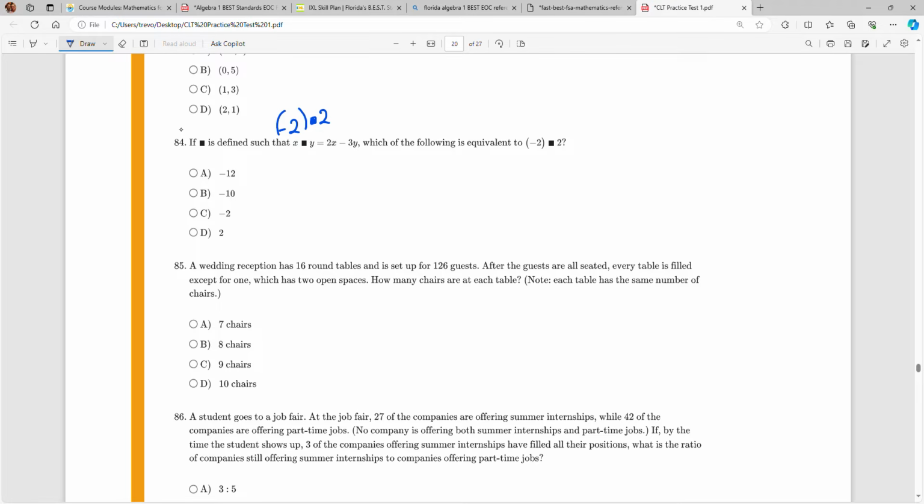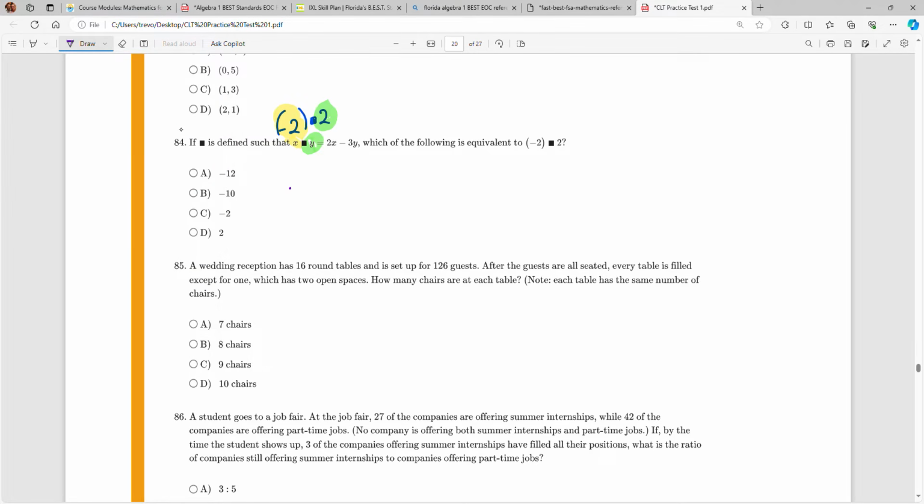So what we're going to do here is just plug in where there's an x, we're going to plug in this negative 2, and where there's a y, we're going to plug in a positive 2.